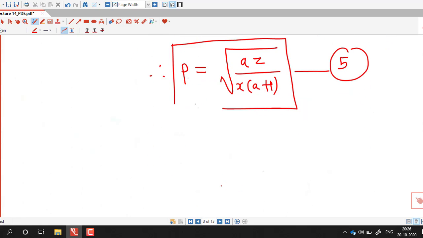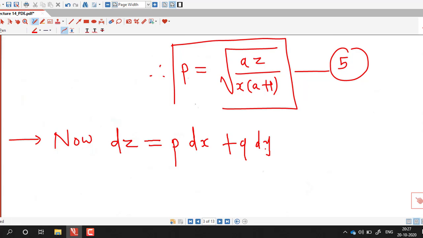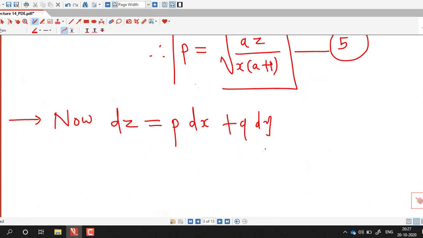Now we put values of p and q in dz equal to p dx plus q dy. So we know that dz is nothing but p dx plus q dy. So here I substitute values of p and q.